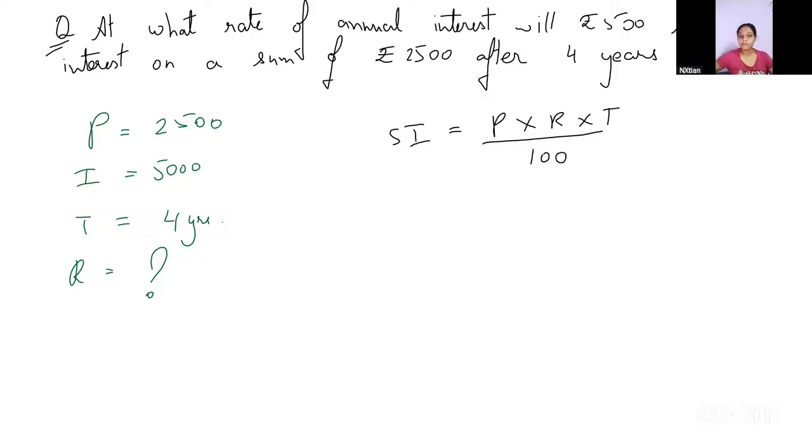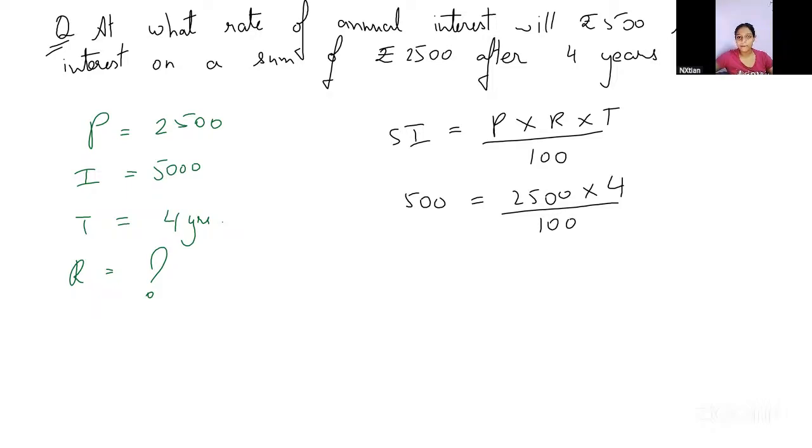So write it down: 500 equals principal 2500 into time 4 divided by 100.